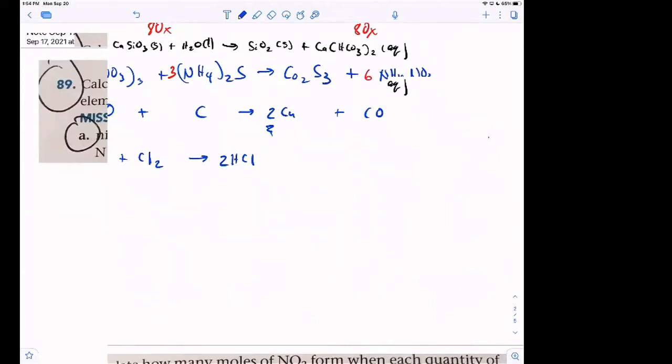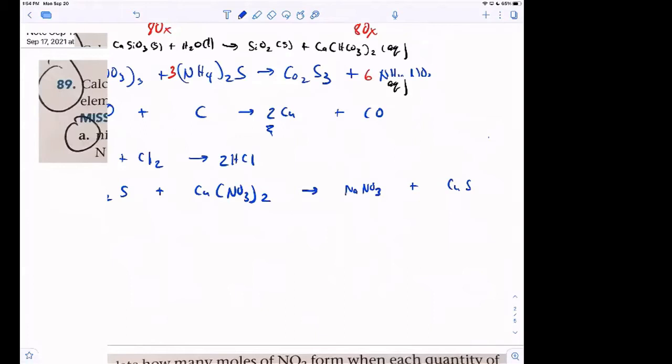So here is 424, part A, sodium sulfide plus copper 2 nitrate makes sodium nitrate plus copper 2 sulfide. So let's look at the atoms.